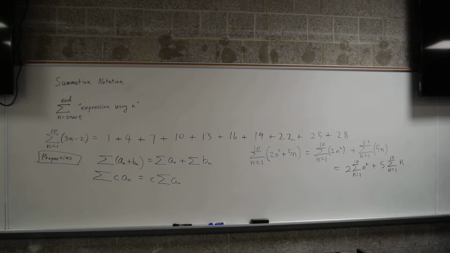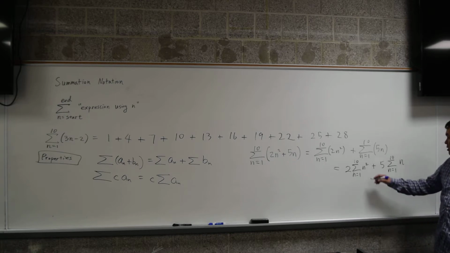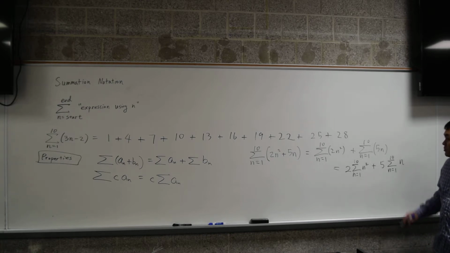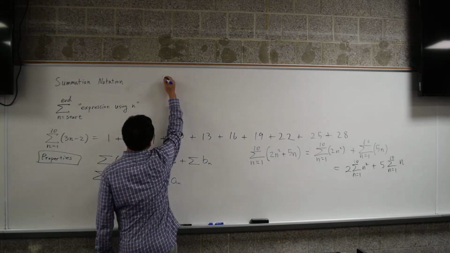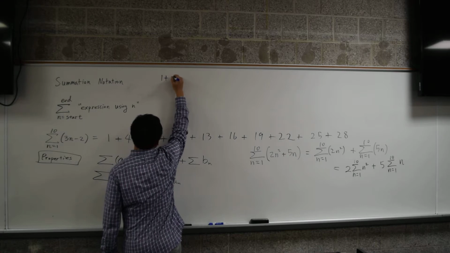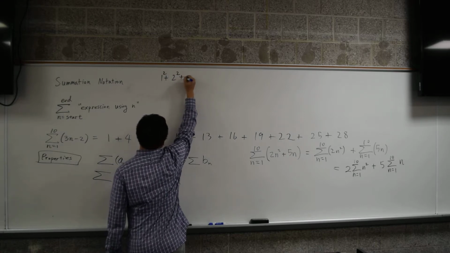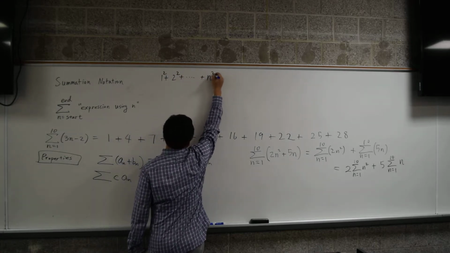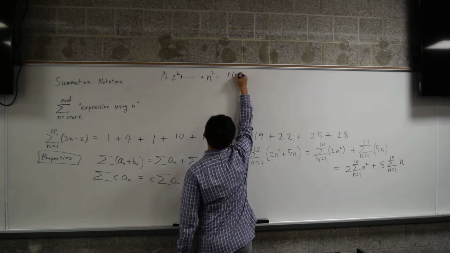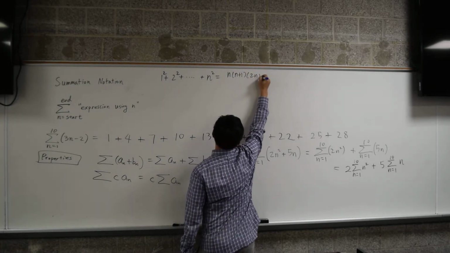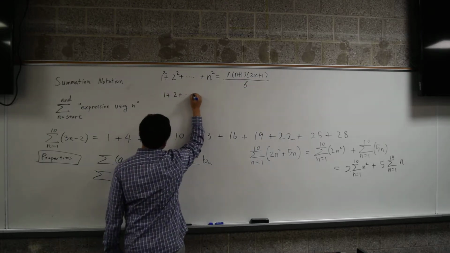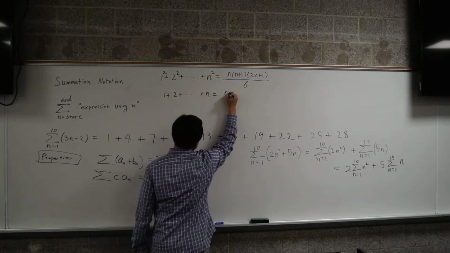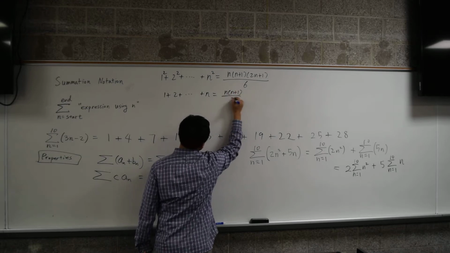And what's the advantage of this? Well, the advantage is that if you have squares adding up to a certain number, then there's a formula for it. Also, if you have just certain numbers added, there's a formula for that too. Okay?